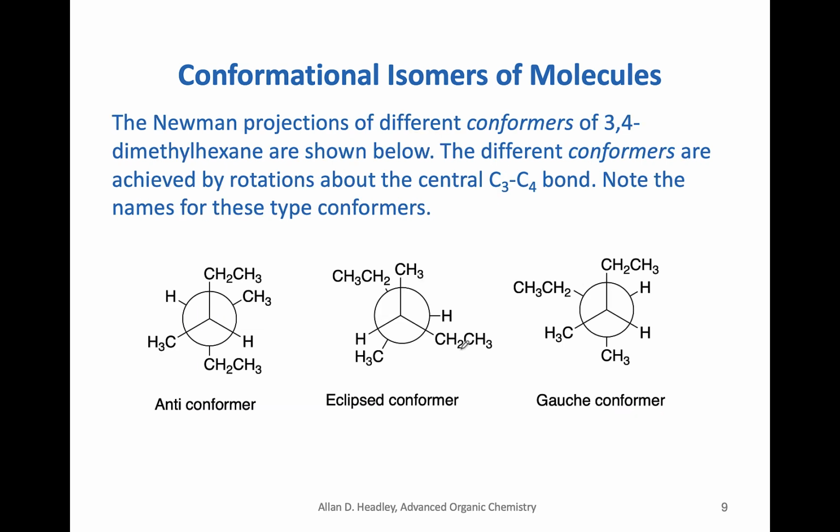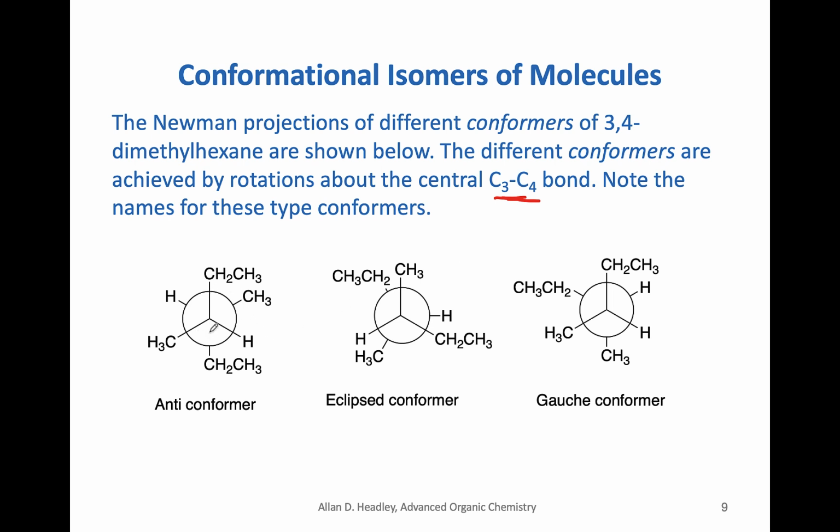Okay, so let's look here at some of the names that we'll use. So here's a molecule, 3,4-dimethylhexane. So if we rotate about carbons 3 and 4, notice rotation is possible about any carbon-carbon single bond. But here we're looking at carbons 3 and 4.